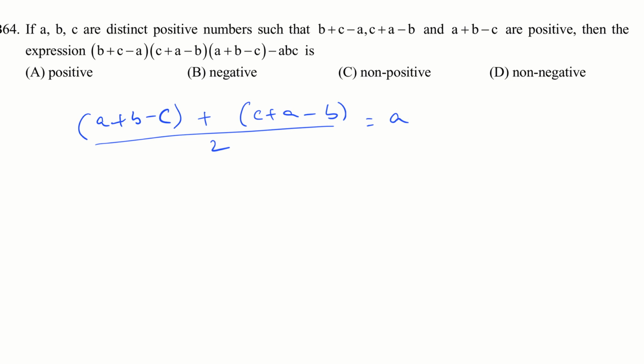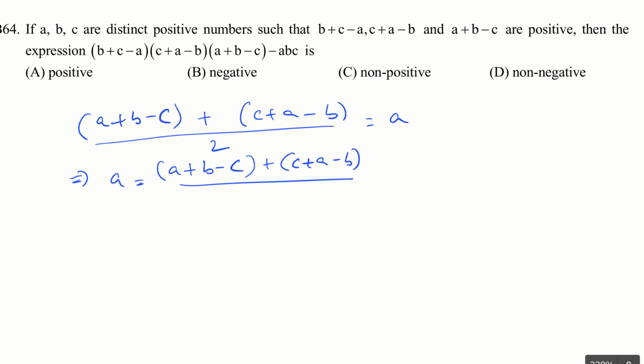So a is equal to ((a+b-c)+(c+a-b))/2, and this is greater than or equal to, AM greater than or equal to GM, root of (a+b-c)(c+a-b).